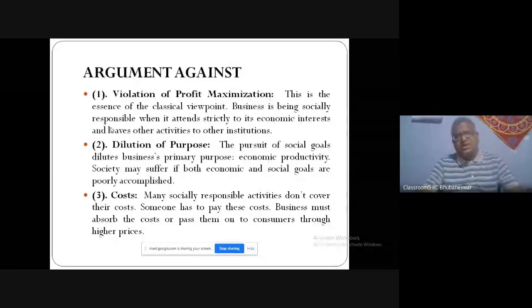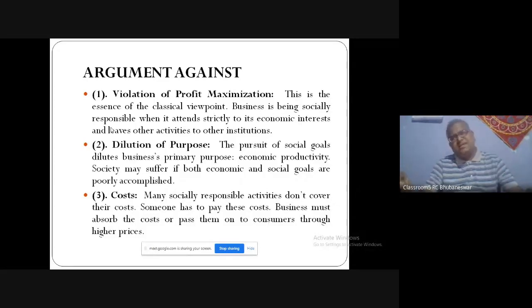That is called an argument against. For example, in the Swachh Bharat Abhiyan, a Swachh Bharat cess is imposed upon the taxpayer, and someone sees it in a positive way, as a good direction of the government, and someone says it is a negative direction of the government.